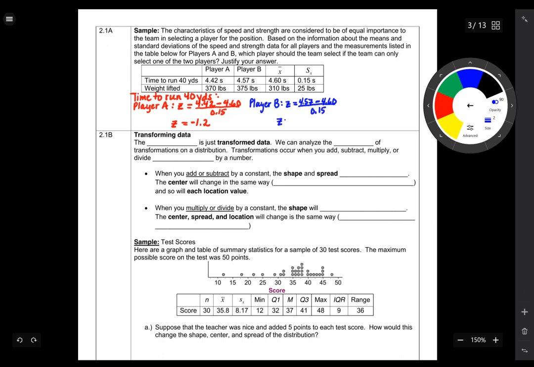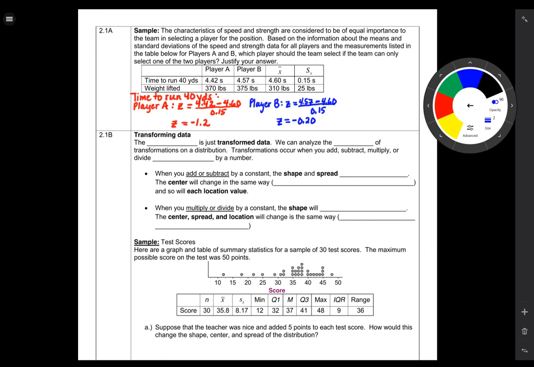So that gives me a z-score for player B as negative 0.20. Now let's look at that for a second. So you would expect, like in the previous example, that player B would be the better player in this case.